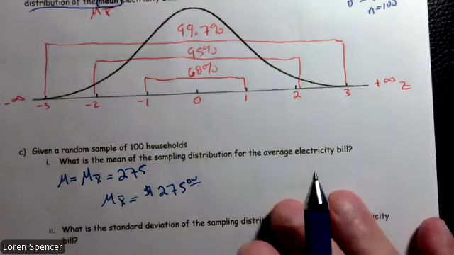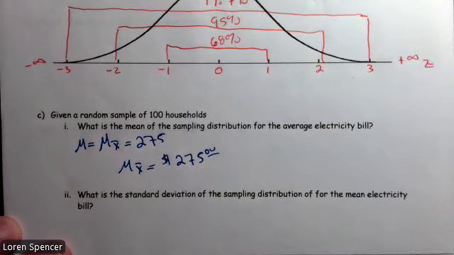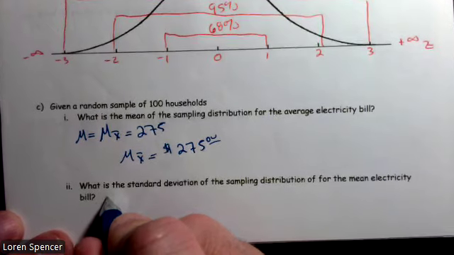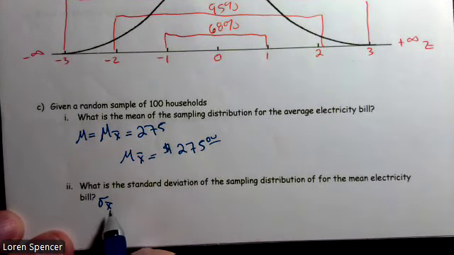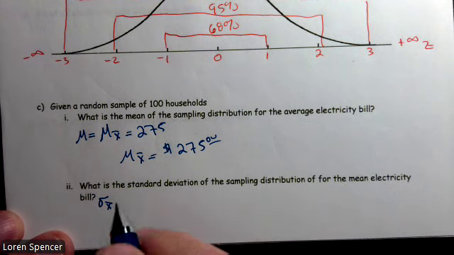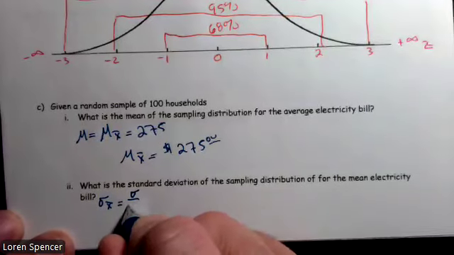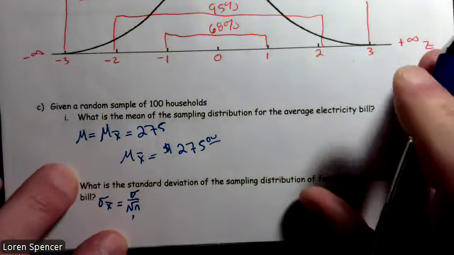Then it says, what's the standard deviation of the sampling distribution? And at this point, we have a little bit of work here. The standard deviation of the sampling distribution looks like this: the standard deviation divided by the square root of n. So that's the standard deviation of the population divided by the square root of n.